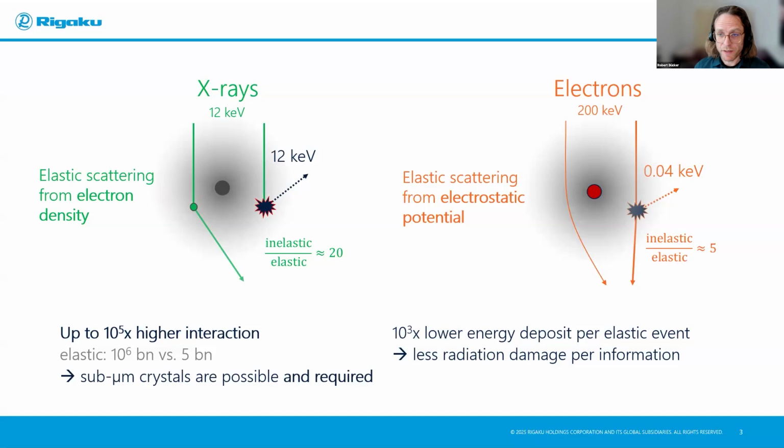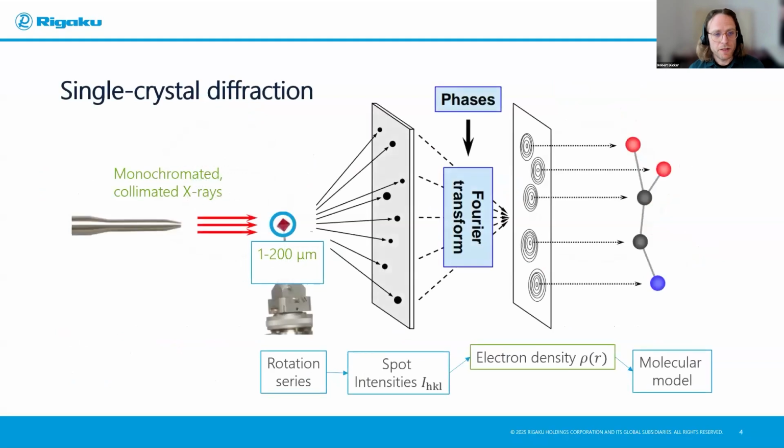And this is another reason why you can get structure from these nanocrystals with electrons before actually making them explode, like you would, for example, in an X-ray free electron laser. So if we use electrons in these schemes, the crystals are smaller, and you measure a different quantity at this step, the electrostatic potential, which in the same way allows you to build a molecular model into this. And this distinction is something that's quite interesting, but we'll only briefly go into this today.